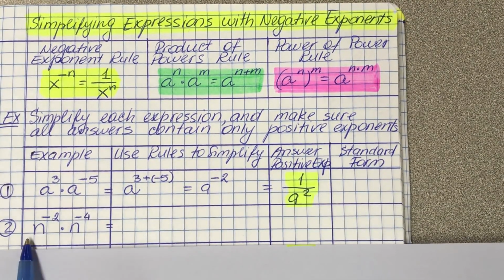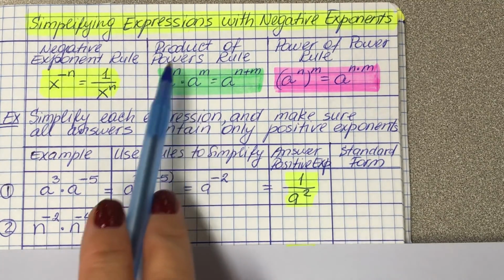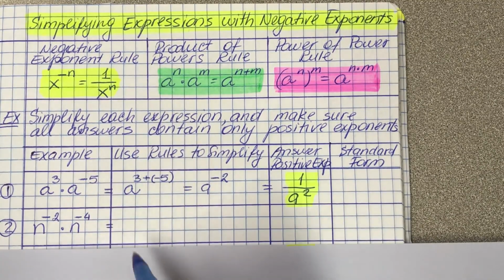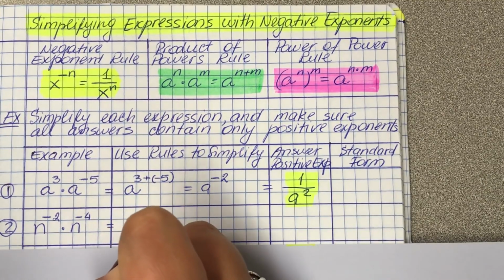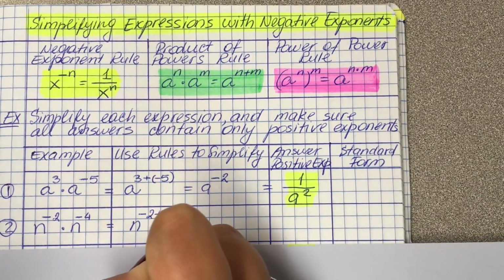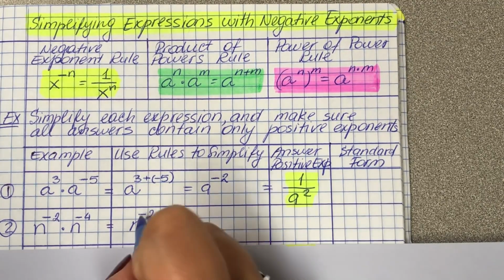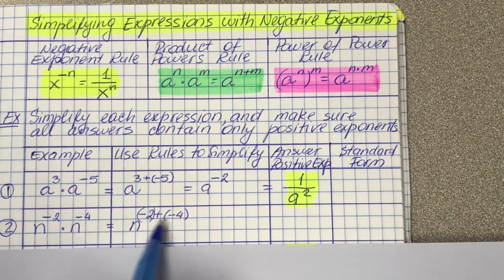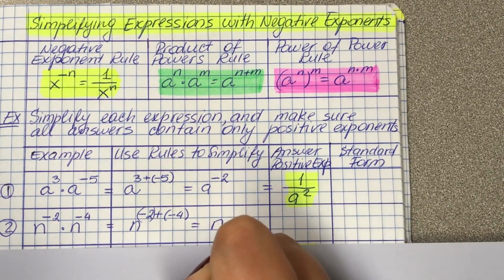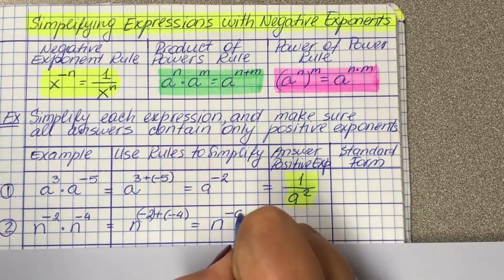Let's see another example. n to the negative 2 multiplied by n to the negative 4. The product of powers rule says keep the base and add the exponents. Negative 2 plus negative 4. Adding two negatives, it's negative 6.